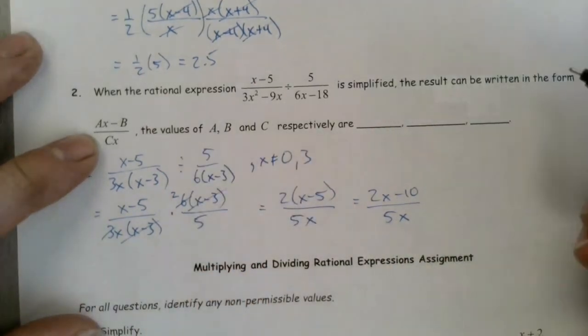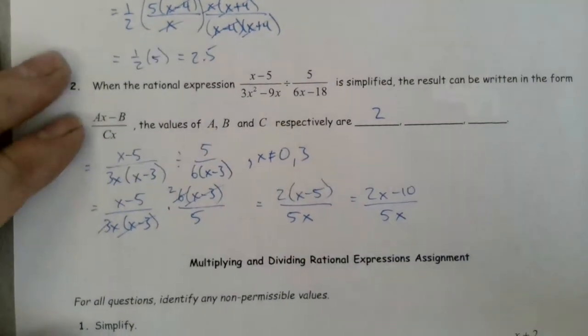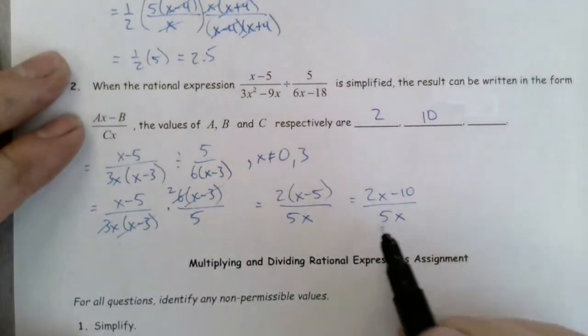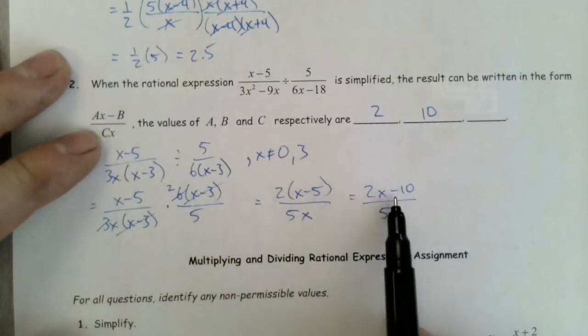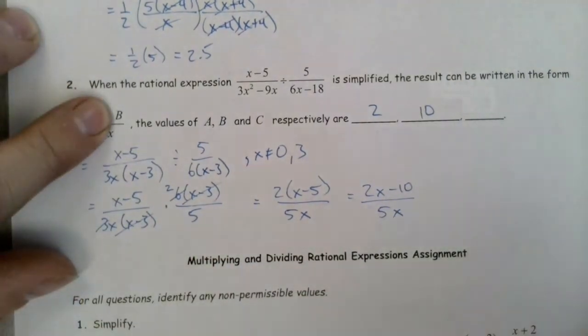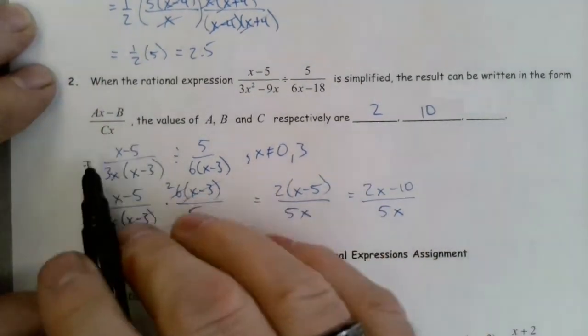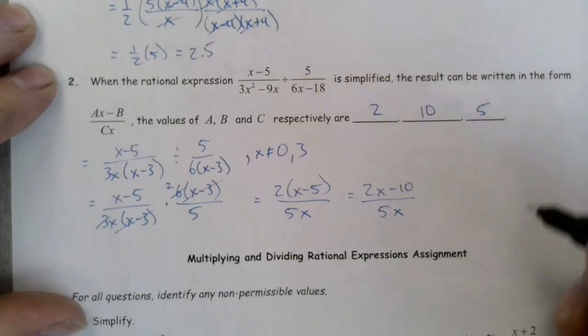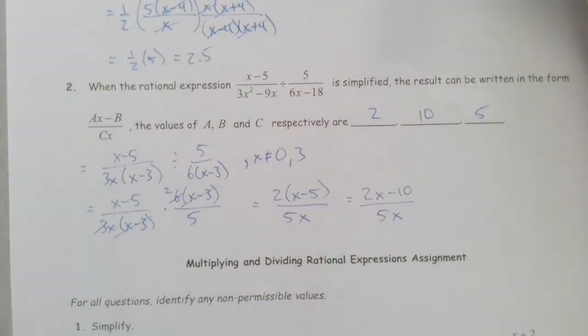Well, a is going to be 2. b is positive 10. And sometimes I get questions about the negative here, but notice the negative shows up here. The negative also shows up here. So the b value is separate from that. It's going to be 10. And then the denominator, the coefficient, is going to be 5. And so the answer that you would put on the numeric response would be 2105. I hope that helps. I hope that makes sense.